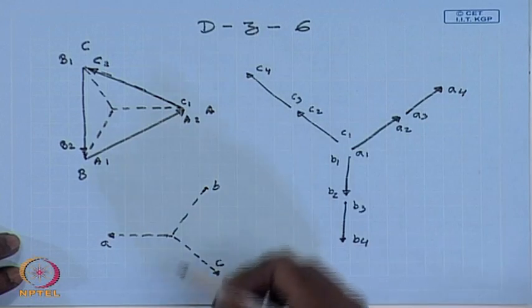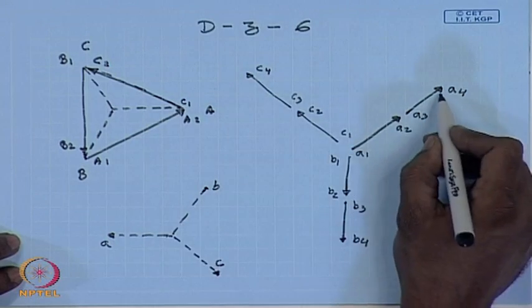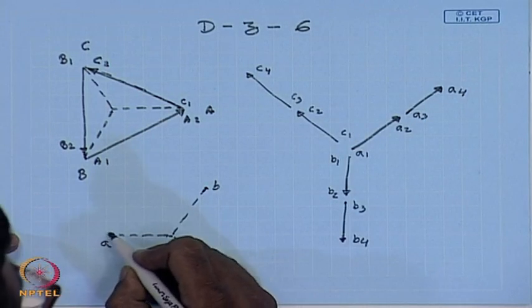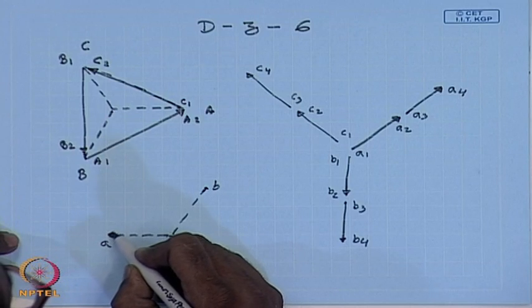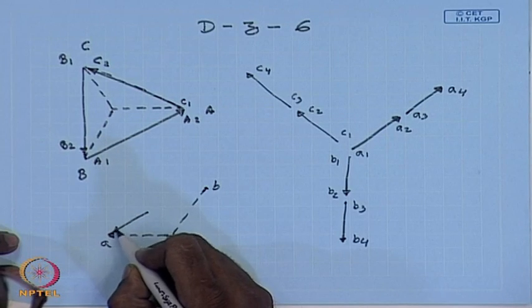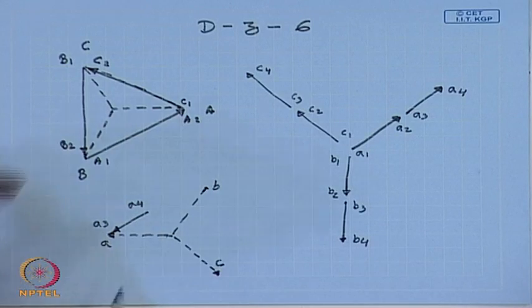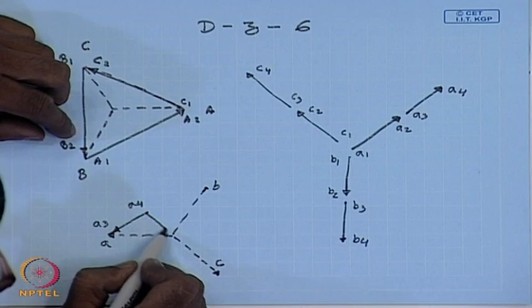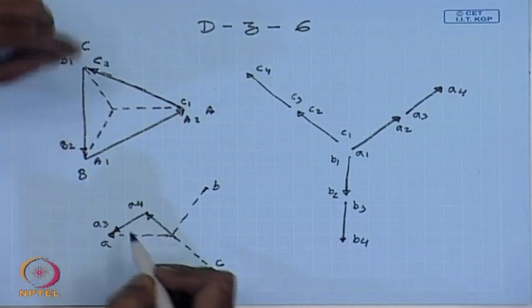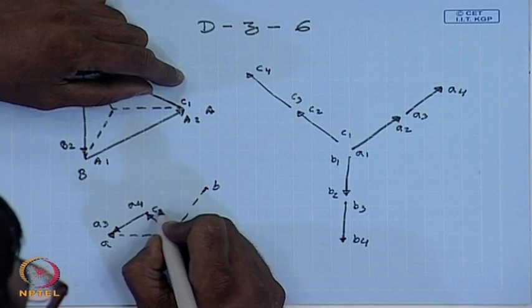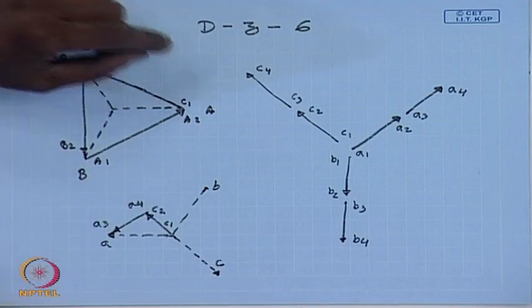So, this is formed by taking A3, A4. Then the next voltage phasor should be this. Obviously, this should be C2, C1.